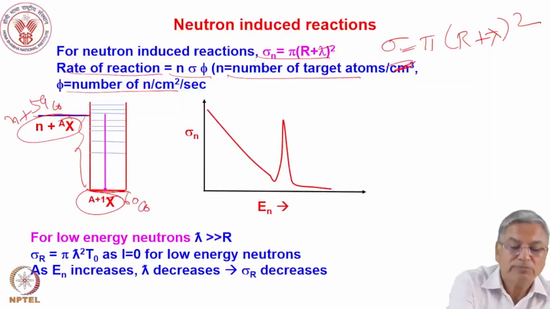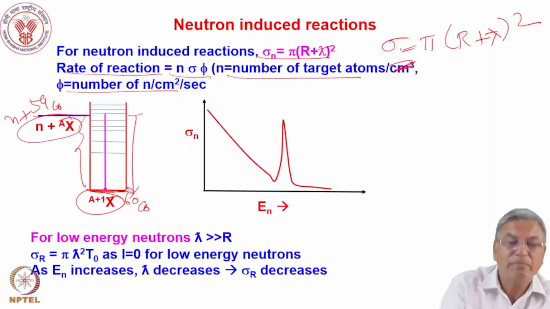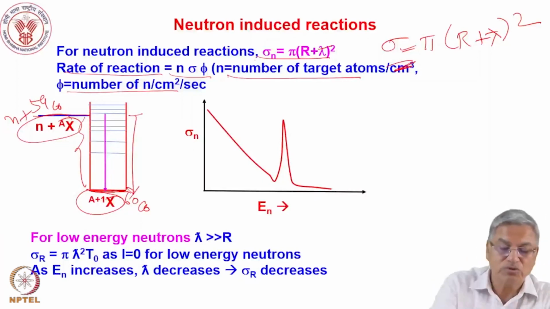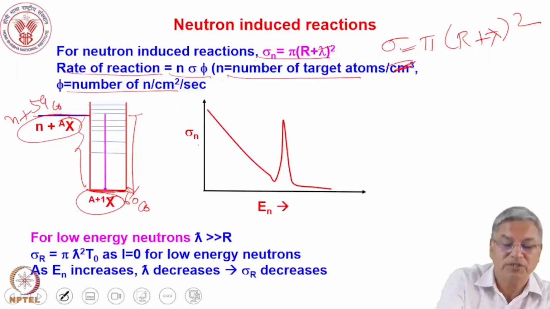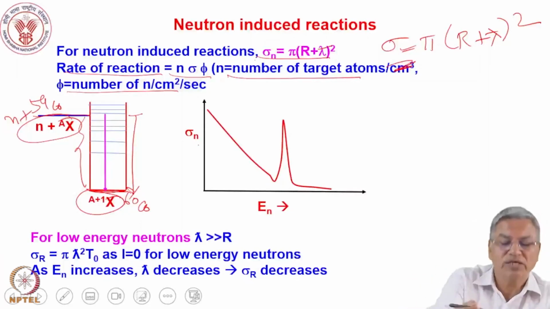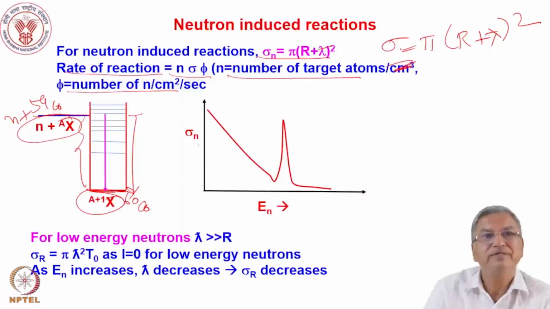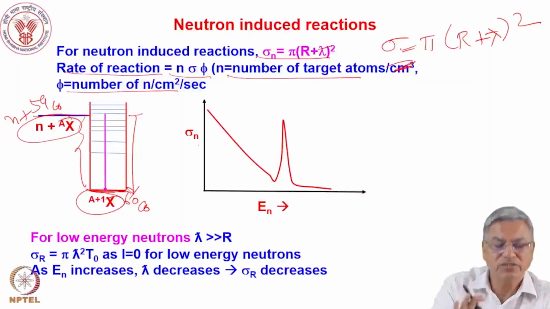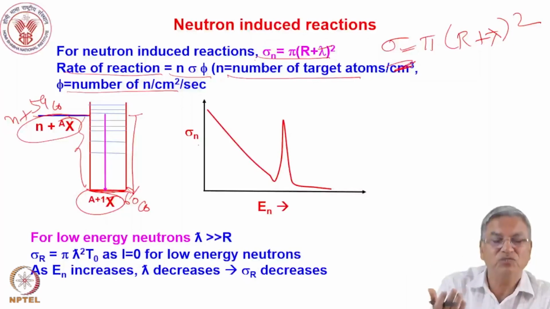When the neutron is captured by cobalt, this much energy, the binding energy, is released, and so the cobalt-60 will be excited with energy of the order of 7 to 8 MeV. This excited nucleus can then emit a gamma ray, or it can have other channels also. So neutron capture reactions are always exoergic, and the energy released is equivalent to the binding energy of the neutron in that nucleus.